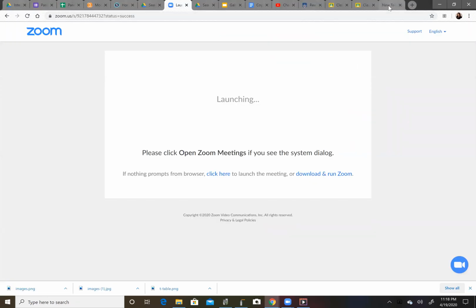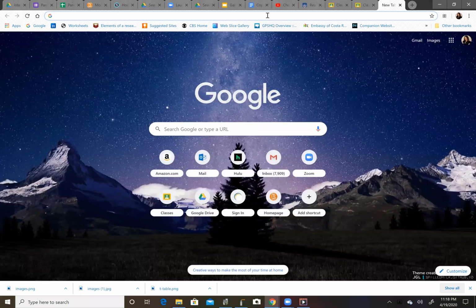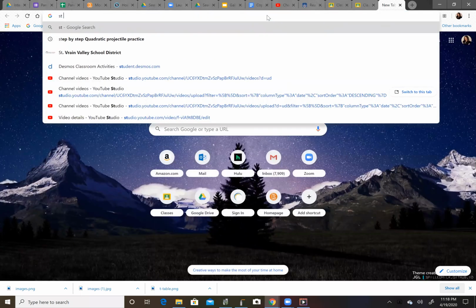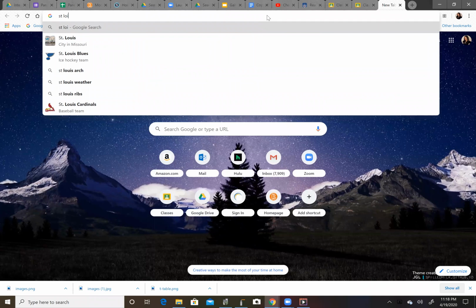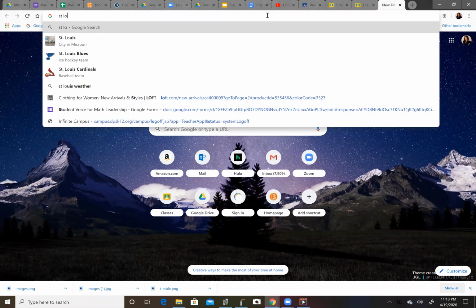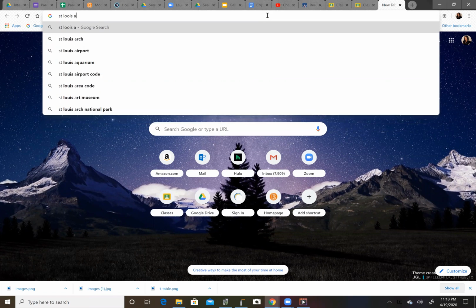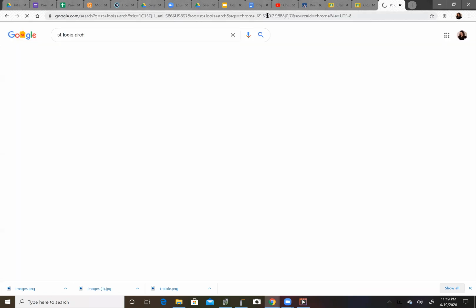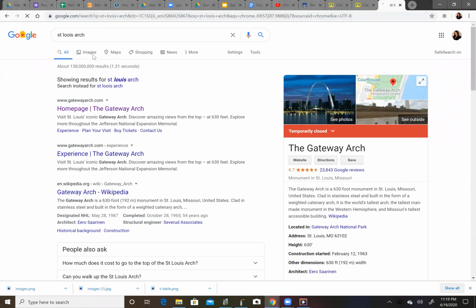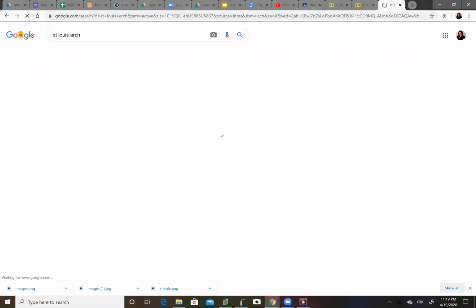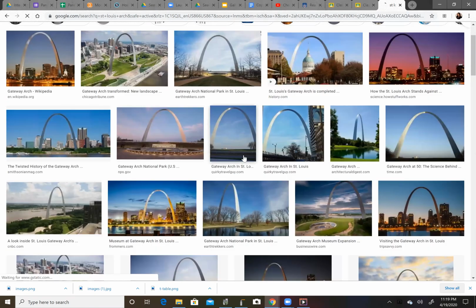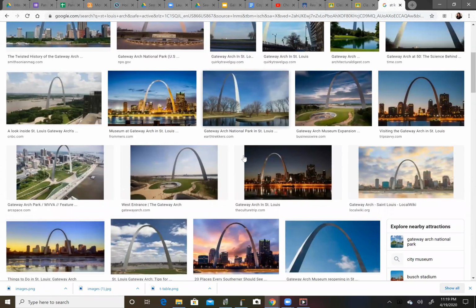Let's see if we can Google up a picture of it so you guys can see what I am looking at. So here's the arch I am looking for.